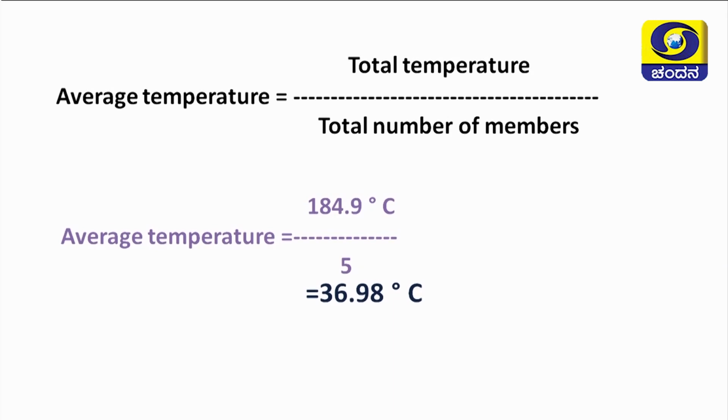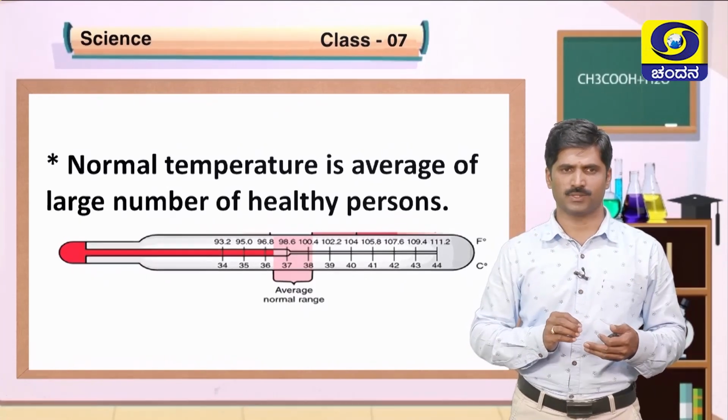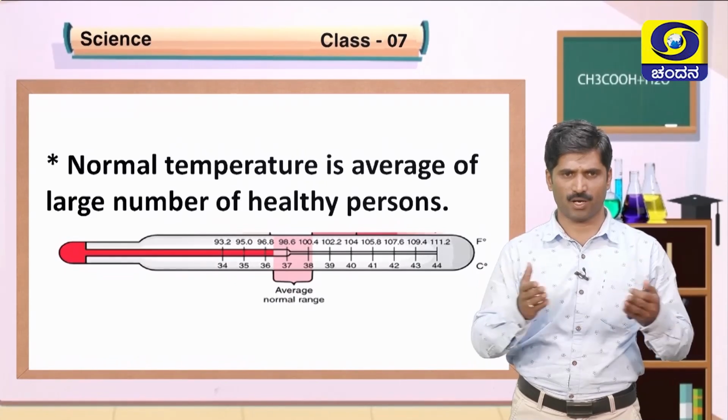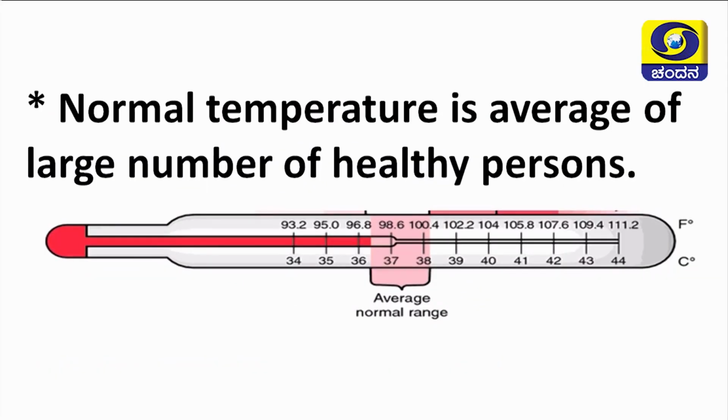It is 36.98 degrees Celsius. The average temperature is rounded to about 37 degrees Celsius. So, the normal temperature is the average of a large number of healthy persons. In this picture, you can see the normal temperature of a healthy human is highlighted in pink color. It varies around 37 degrees Celsius.